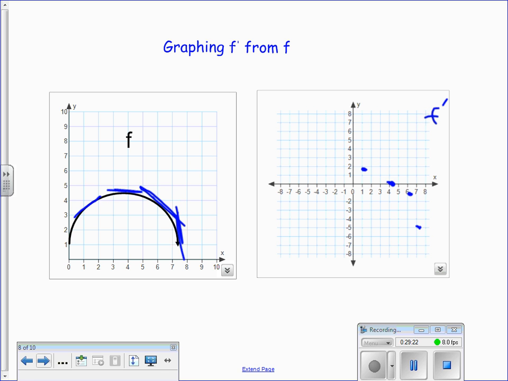If I go here at about 1.5, I've got the same thing going on. That's about 4. So at 1.5, I'm at about 4. And just kind of connect up the dots as best I can. Really, that's what you can do. Okay.